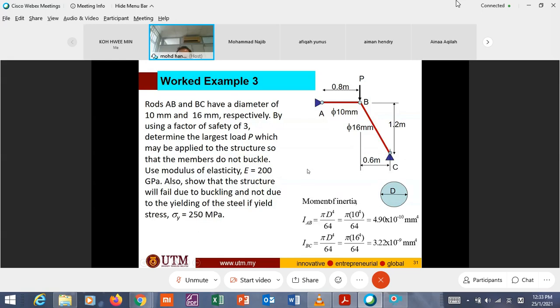What about external redundancy, indeterminacy? Last week we said that if there are more than three external forces, it becomes indeterminate.